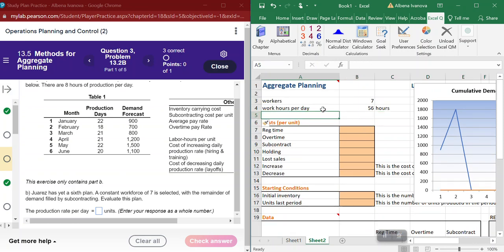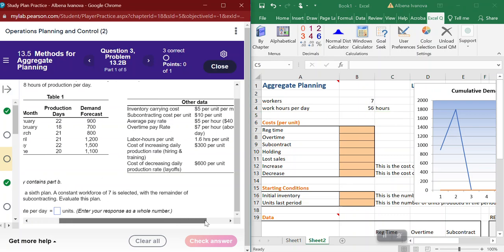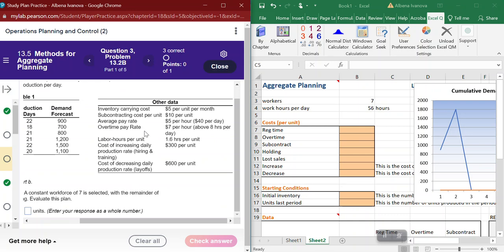And then we need to find how many units they can produce, production rate per day, how many units they can produce per day if we have total of 56 labor hours. So for this I need to look at the labor hours per unit. I can produce 1 unit every 1.6 hours.